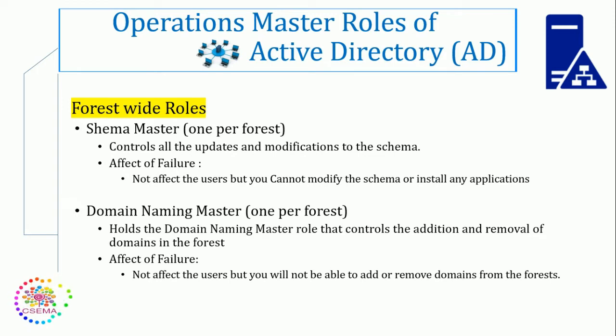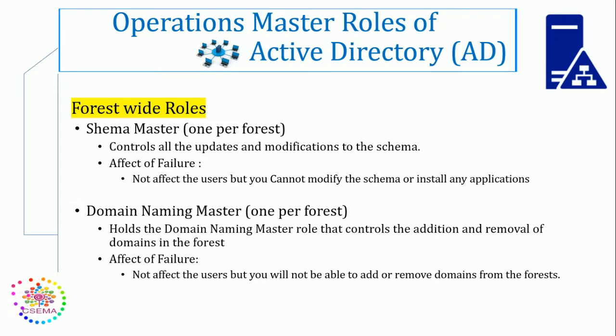The default schema master role owner is the first server to be promoted to a domain controller in the forest. And what happens if the schema master role is not working? In this case, users will not be affected. But when we try to add any applications into our environment, suppose we're trying to install Microsoft Exchange, then the administrator will not be able to do that.